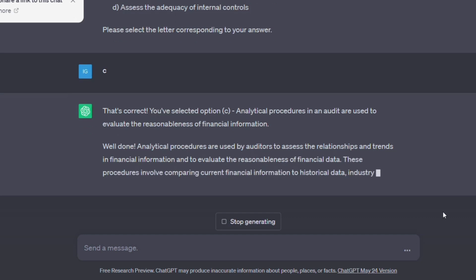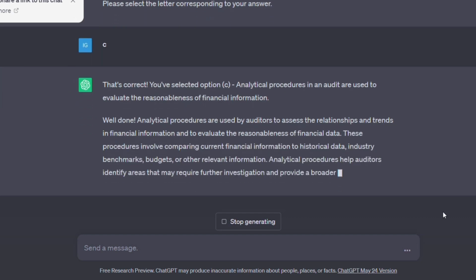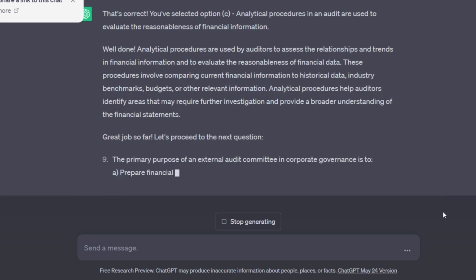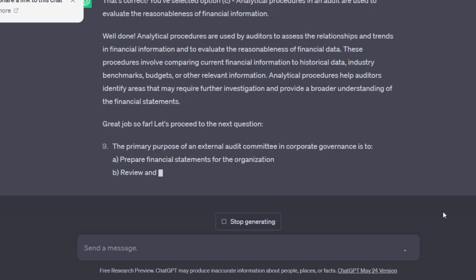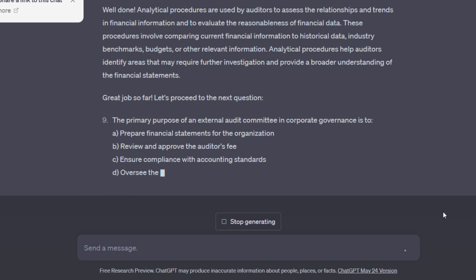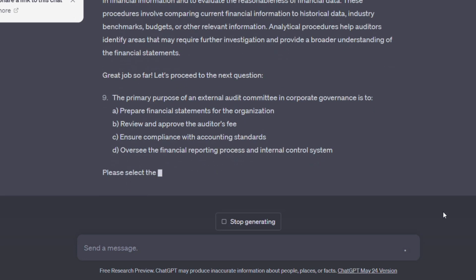Is this really thinking? Okay. The primary purpose of an external audit committee in corporate governance is to prepare the financial statements for the organization. No. Review and approve the auditor's fee, but it doesn't include everything that the external audit committee has.